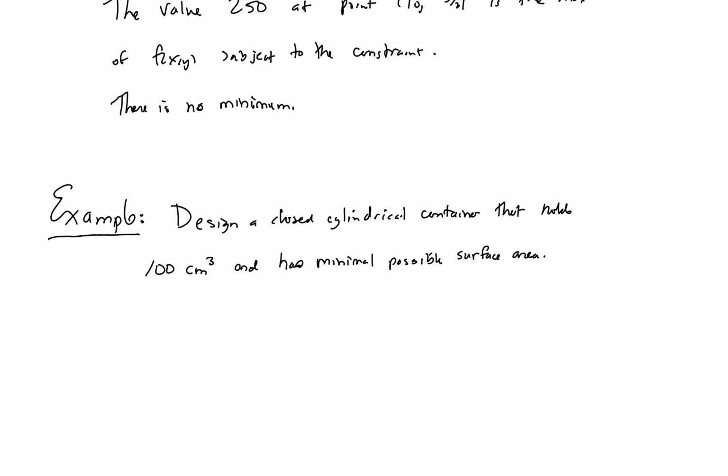In case we're building some container, you can imagine you're building some container to hold something. You want to use as little surface area as possible to minimize your cost in building this, but we know we need to hold 100 centimeters cubed.